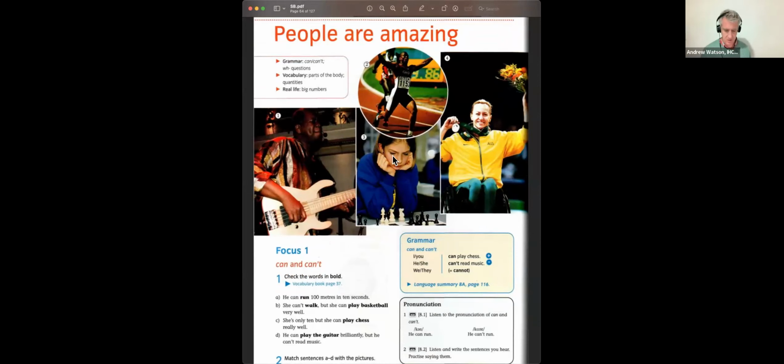With the lead in, you could get them to look at the pictures, elicit who's in them. So we can see a musician in one, a runner or sprinter in number 2, a basketball player in number 4, and number 3, a chess player.